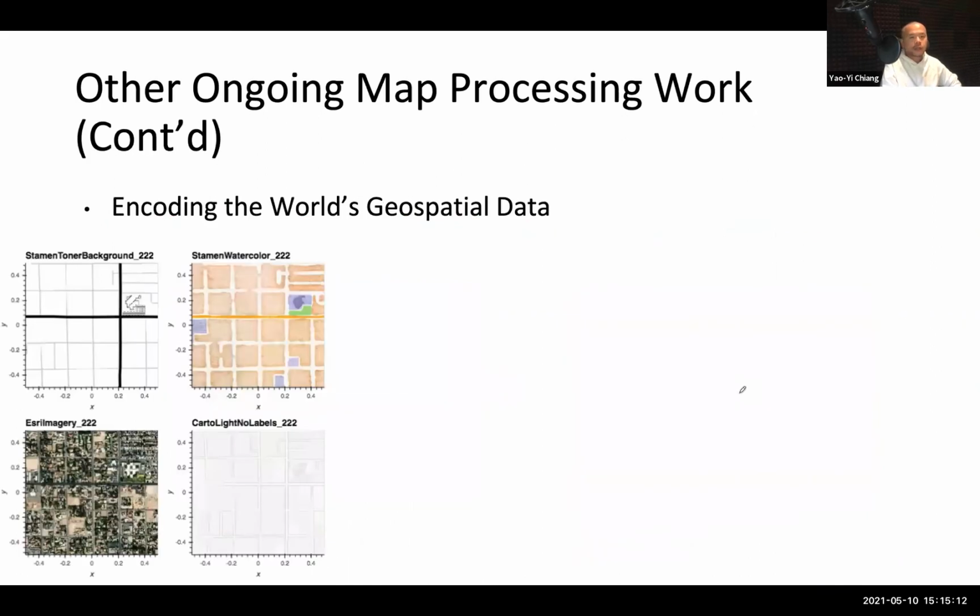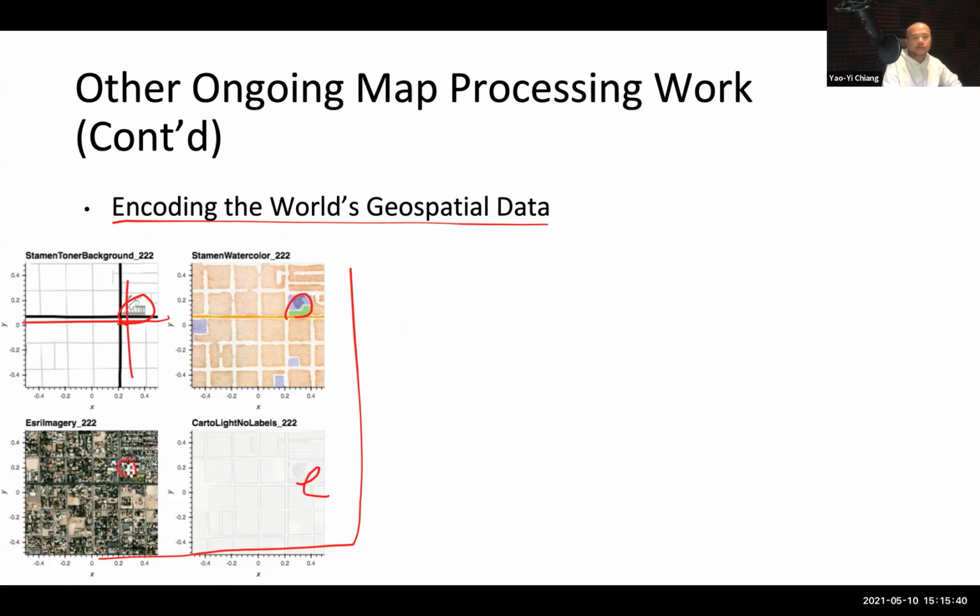The second part of other ongoing map work is very, very cool. It's called encoding the world's geospatial data. If you look at this, here are 4 images. I didn't tell you, but they cover the same area, and you can see some notable buildings and major roads.